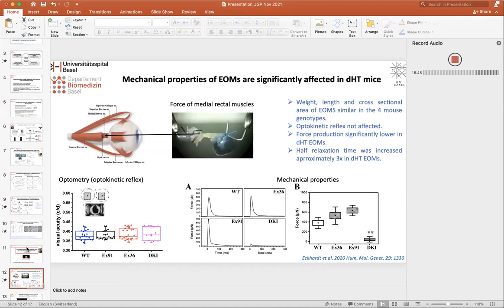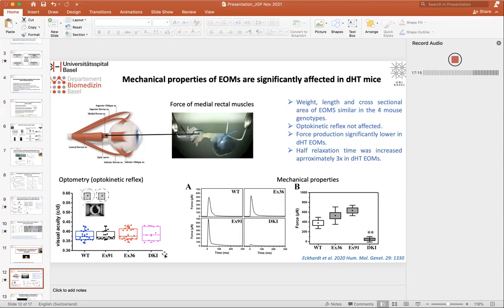So these studies were performed by Jan Eckert, a very talented PhD student in the lab. And the first thing that he did was measure the in vivo characteristics using the optokinetic reflex. This is a behavioral test: the mouse is placed in a cage, and there are grids which are rotating, and as a reflex, he moves his eyes. You could see, however, that the wild type, the exon 91, exon 36, and double knock-in mice were all identical.